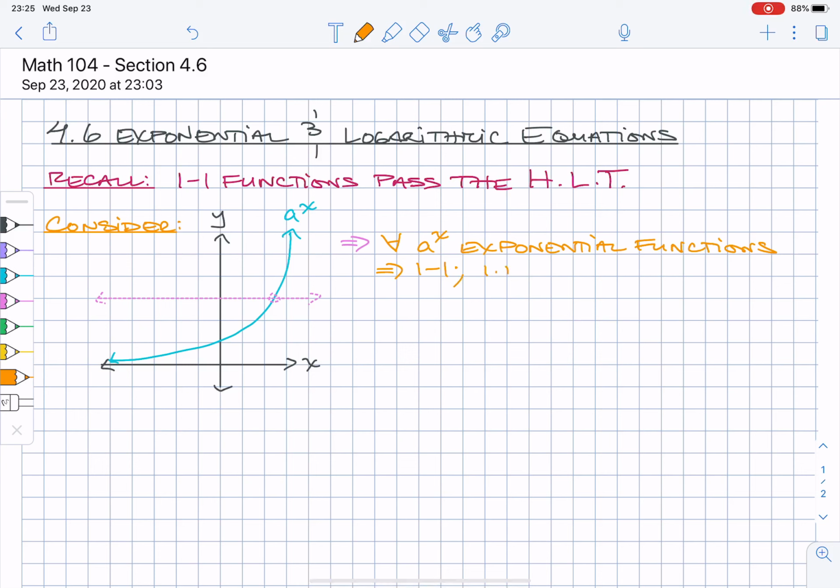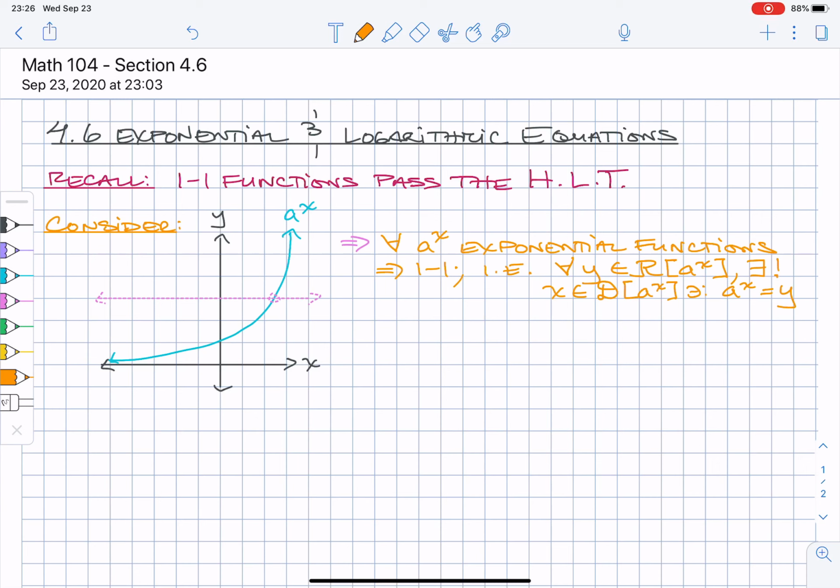That is, for all y in the range of the exponential function, there exists a unique x in the domain of the exponential function such that a to the x is equal to y.